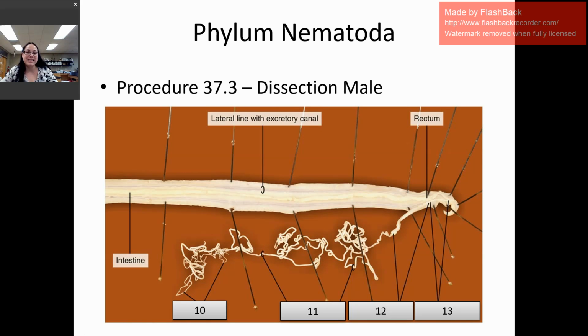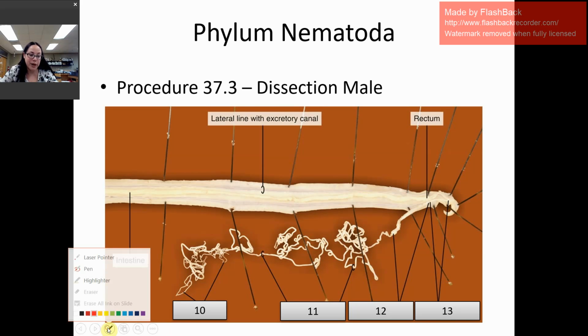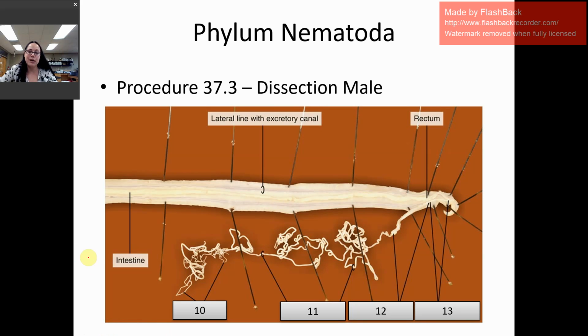It is called the vas deferens or the ductus deferens. And if you wonder how to write that, I'm going to write vas deferens because it is easier, shorter. Vas deferens. Okay, so this is what you have after the testes.